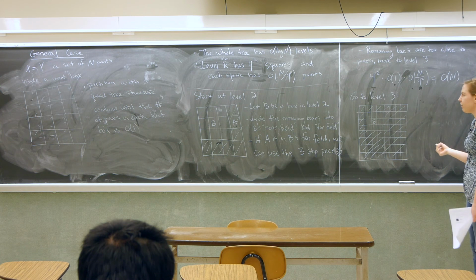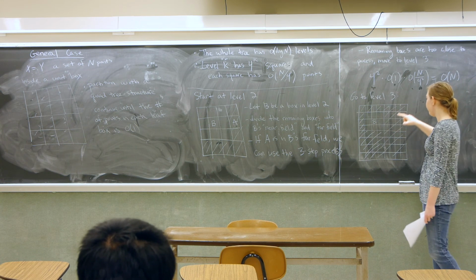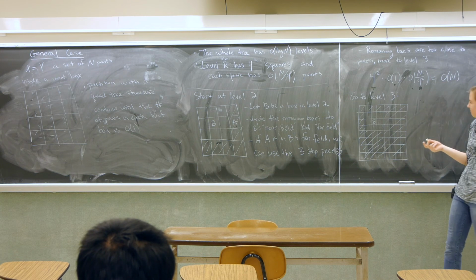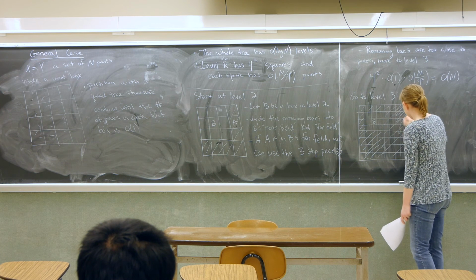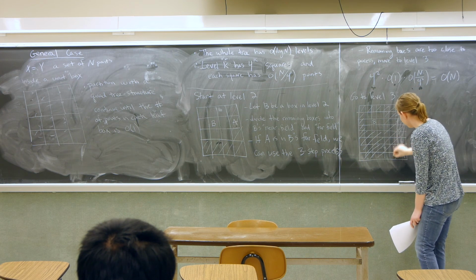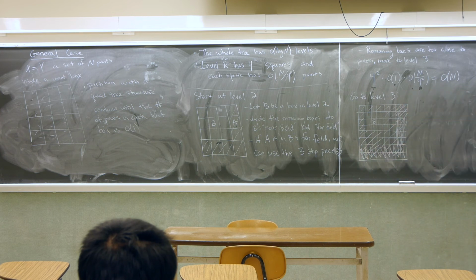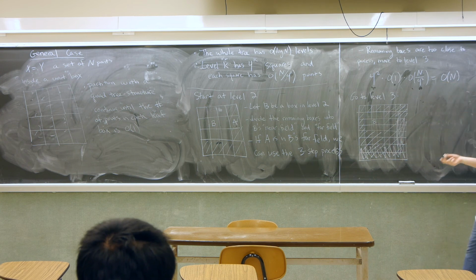But we get one extra bonus, which is that for some of the points in B's far field, we've already computed the potential. Those happen to be in B's parent's far field, so we don't have to do those ones anymore.